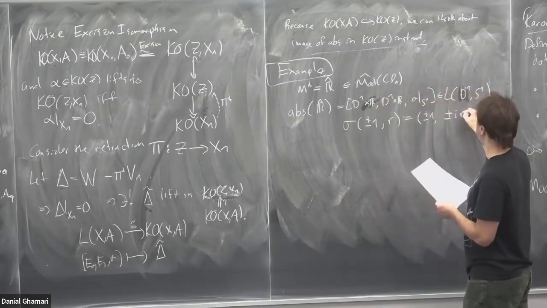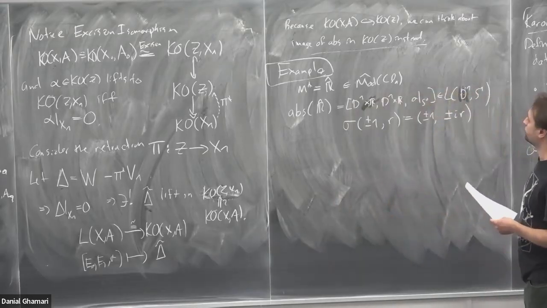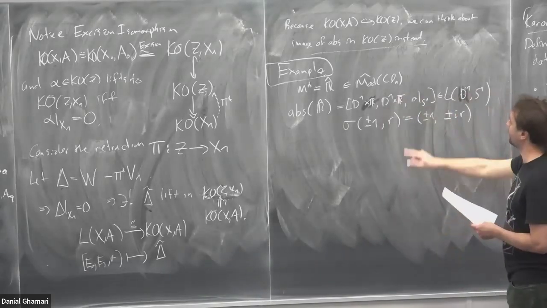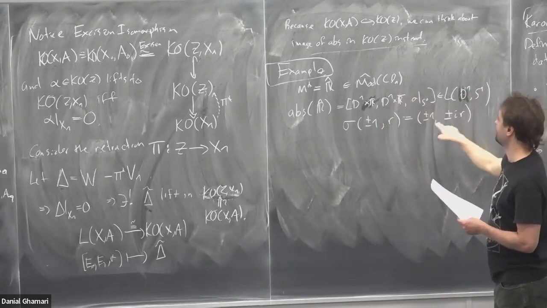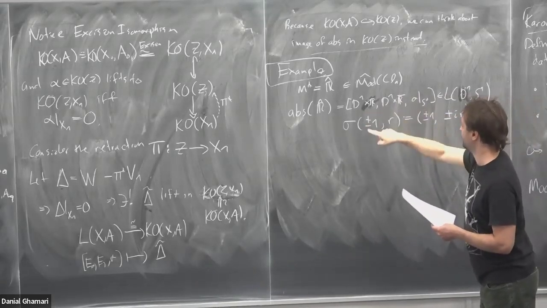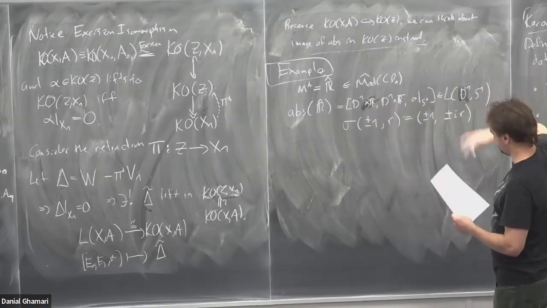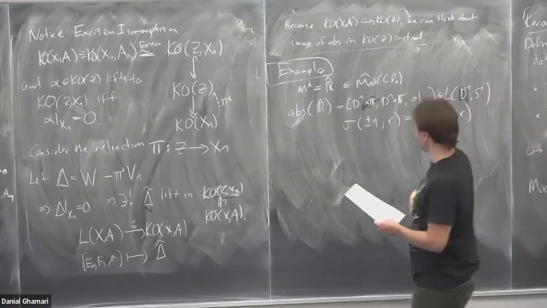So then you get a plus or minus i. Remember that the even part, right, is R bar, and R bar was iR. So this is our isomorphism. At plus 1 you basically get the identity map, and at minus 1 you get minus the identity map.